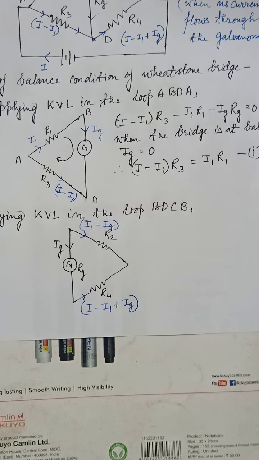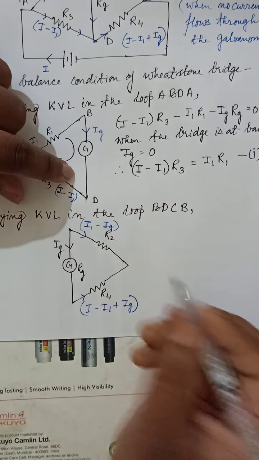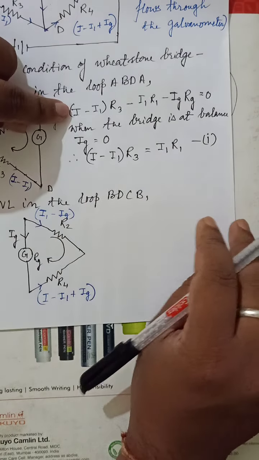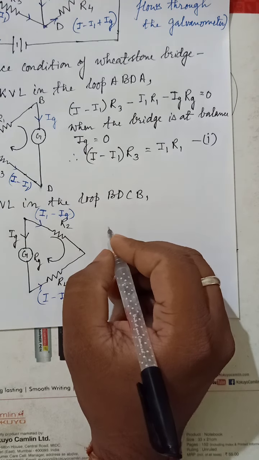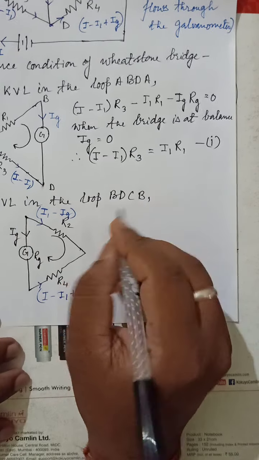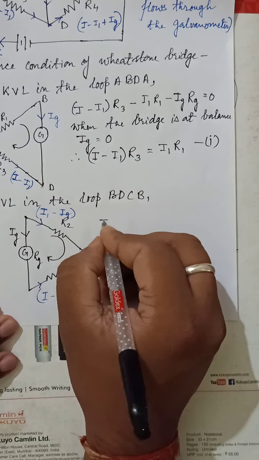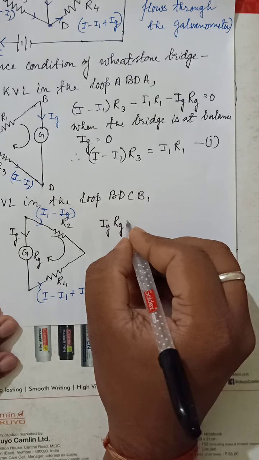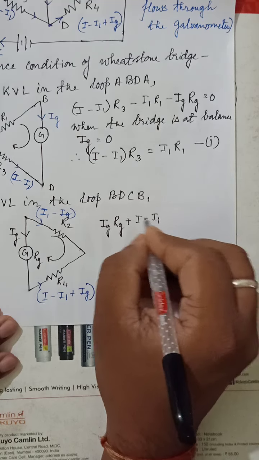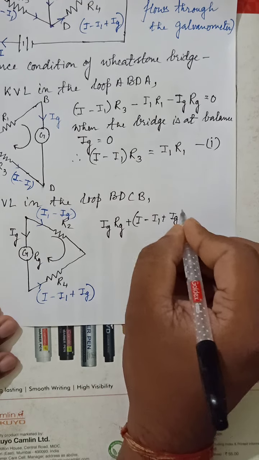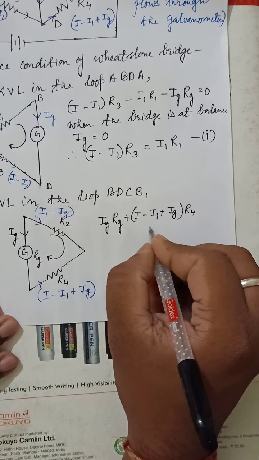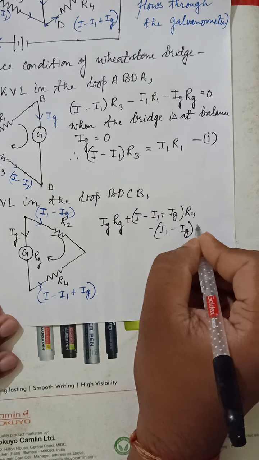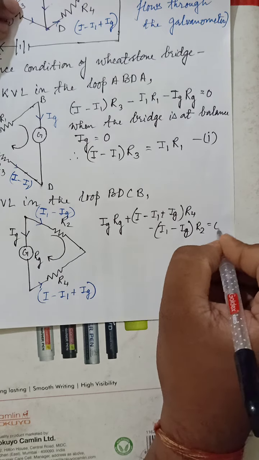Okay. Now, we can take the convention in any direction. So I am taking the convention in clockwise direction. Then the equation can be written as plus Ig into Rg plus I minus I1 plus Ig into R4 minus I1 minus Ig into R2 is equal to 0.